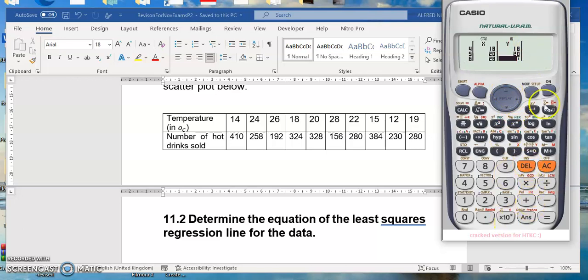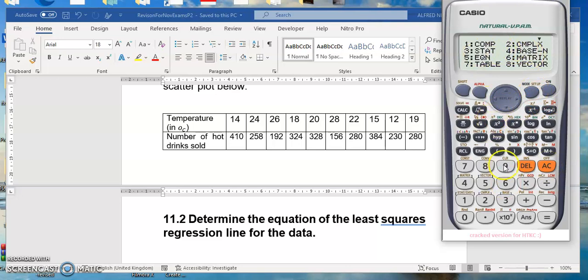Let me delete everything and start all over. Now I'm going to clear because I've made a mistake somewhere. Now if you make a mistake somewhere, make sure you clear your calculator like I've done. Then we take our time to do. So I'm going to do it again.